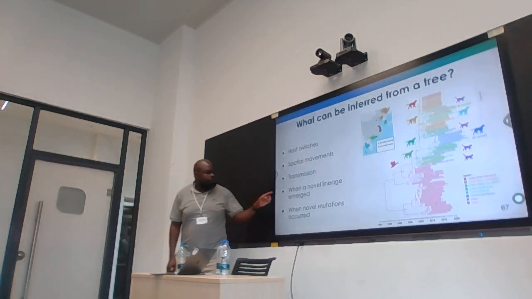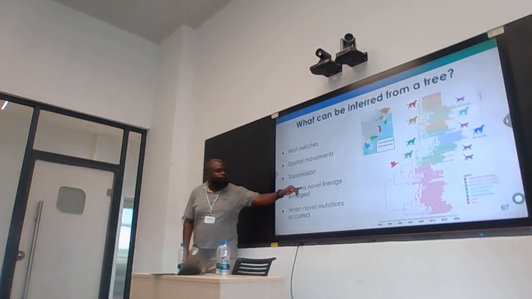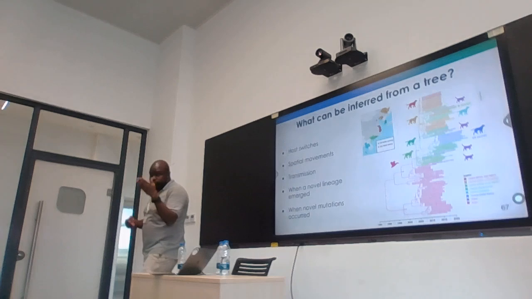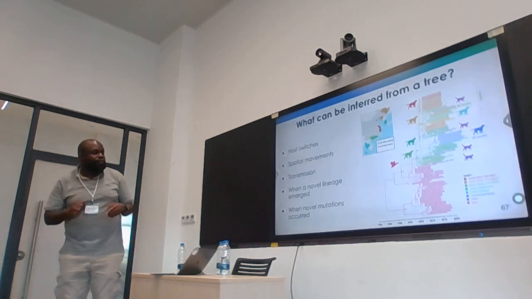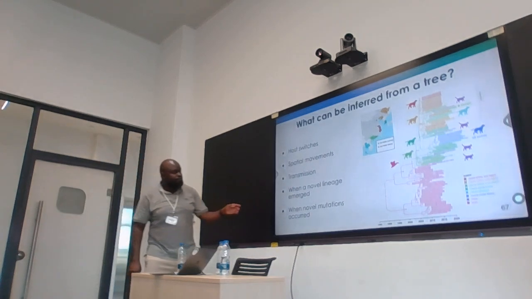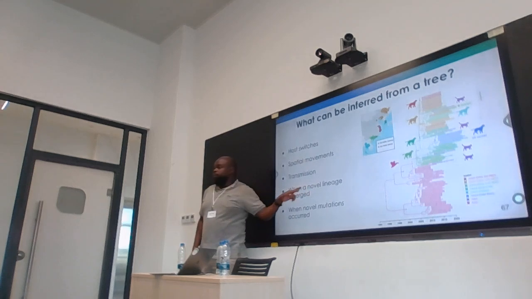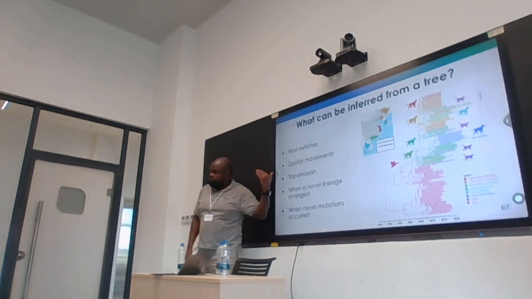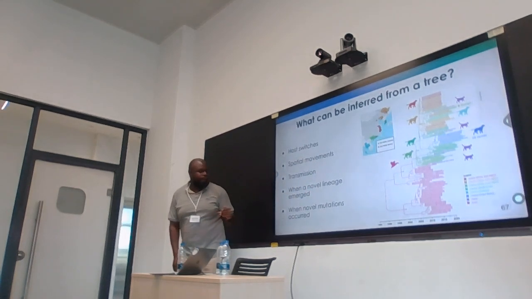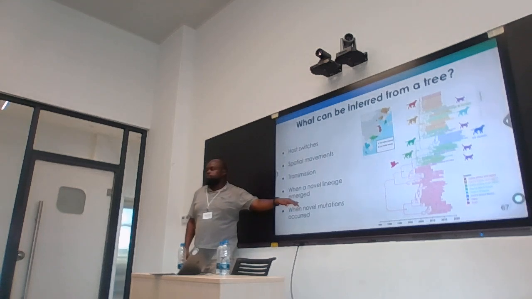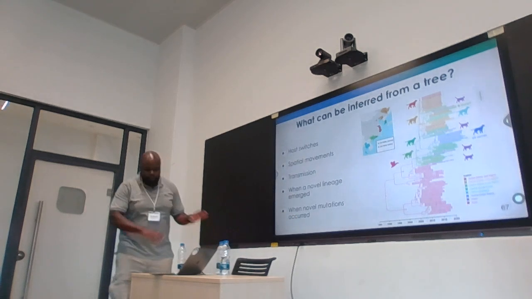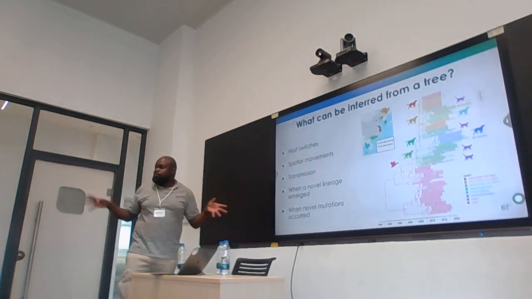Okay? We can infer when a novel lineage emerged. So often, if your samples have dates, which they always should, you can tell when that novel lineage emerged. Is it last year? Is it last month? Okay? And also, of course, you can infer when novel mutations emerged. Okay? So we can infer very many things from a tree.